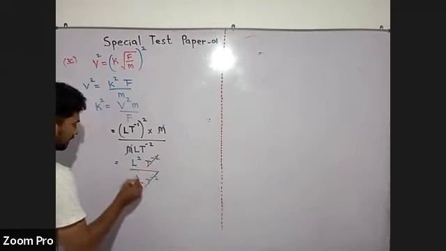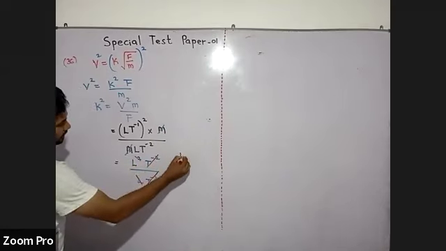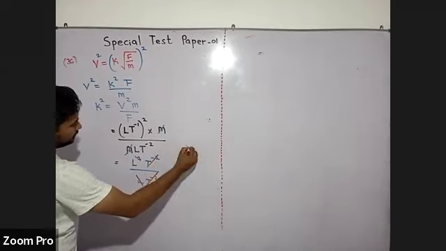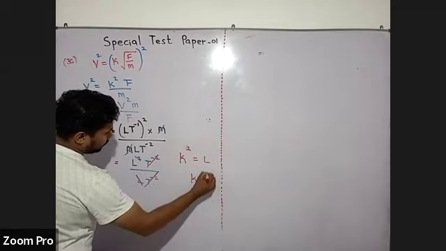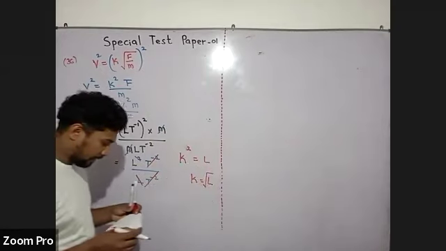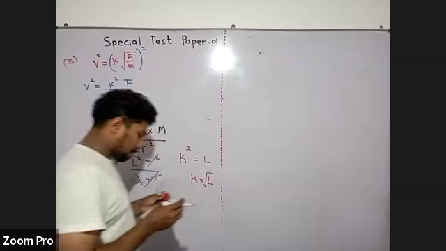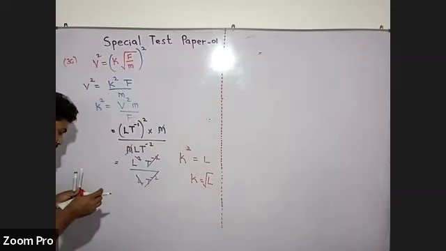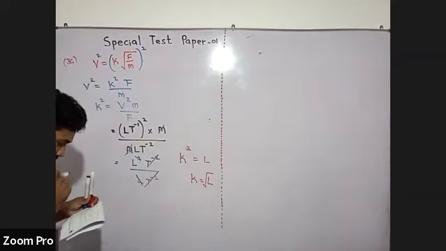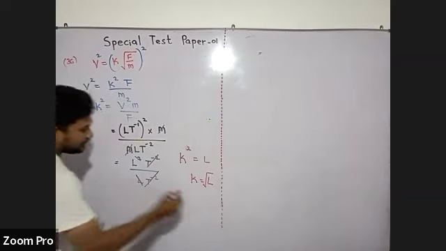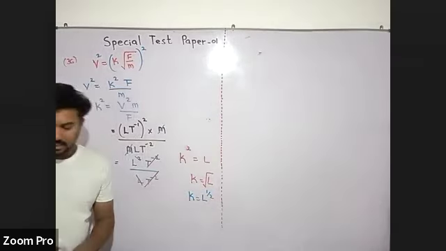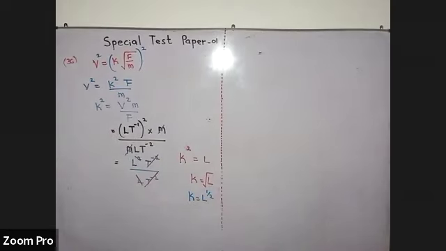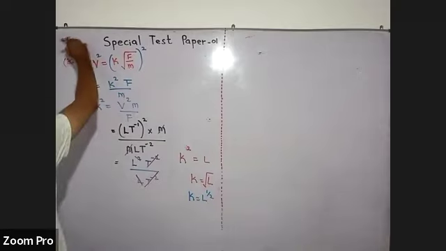So this can also cancel, and then we obtain that K squared equals L. So that means the dimensions of K equal root L. Instead of root, I can substitute it as L to the power half. So that's the answer. So the answer should be the fourth one.